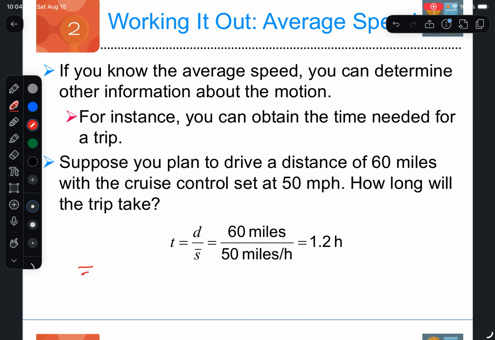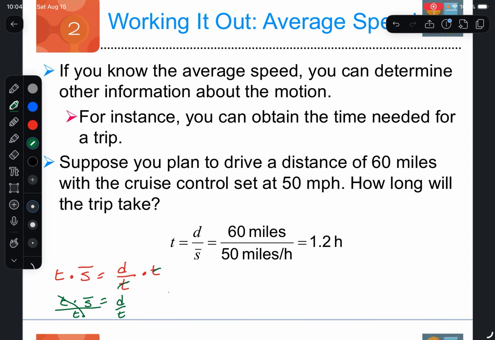If we had average speed is distance over time, and we're looking for time, we can multiply both sides by t, and then we cancel our t, and then we get t times average speed equals d, and then because we're looking for time, we're going to divide both sides by t.